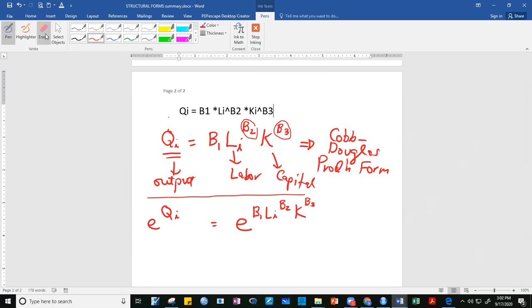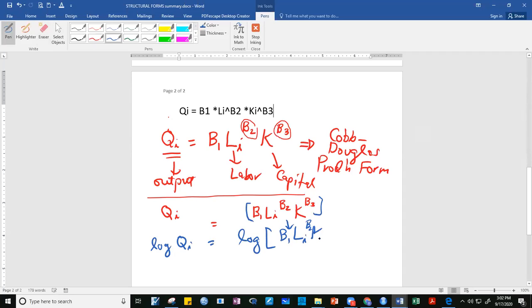Wait. That's very, very wrong, sorry. My apologies. So this is our original equation, not exponential, guys. What we can do is get the log. Pag kunin natin yung log ni Q sub I, syempre kukunin din natin dapat yung log nitong buong expression na to. Kunin din natin yung log niyan: B1 L sub I to the B2, exponent si B2, then capital to the B3.